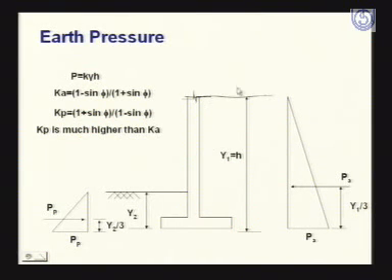Then if that angle is delta, this expression of Ka will become cos delta minus under root cos square delta minus cos square phi, divided by cos delta plus under root cos square delta minus cos square phi, into cos delta.